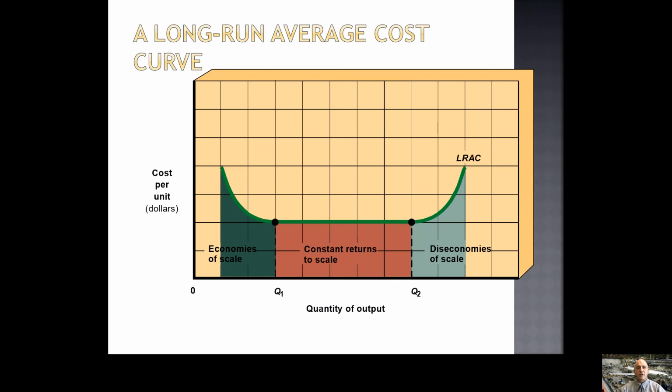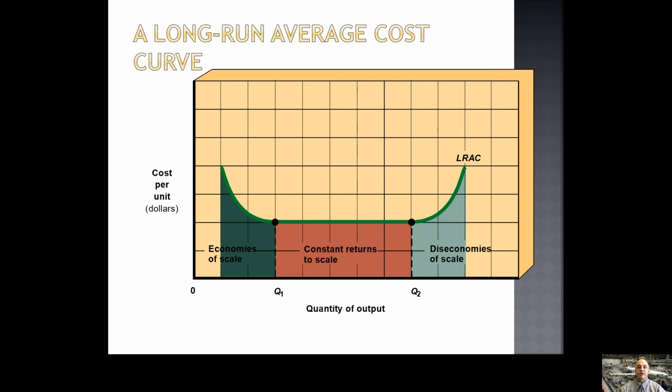And then we'll take the long run perspective and focus on the long run cost curve, which goes down and then back up again. In the area where long run costs are declining, you have an area that's called economies of scale. In this area, a company experiences economies of scale when they produce more and the costs actually go down.